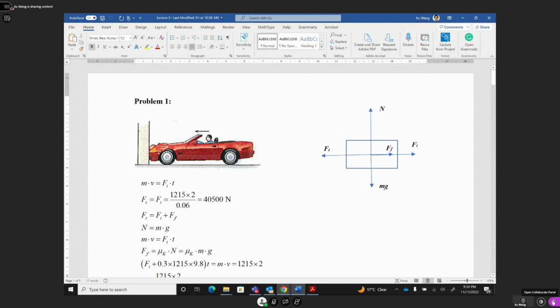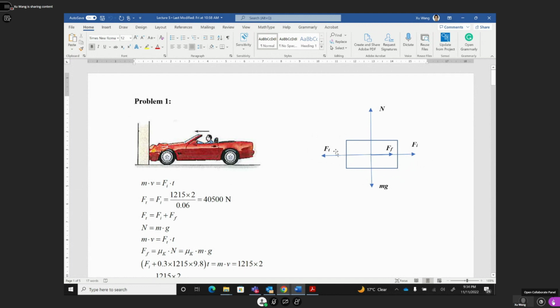So sigma F for x equals 0, which means the traction force equals the wall reaction force plus the friction force. And in the vertical direction, N equals mg.